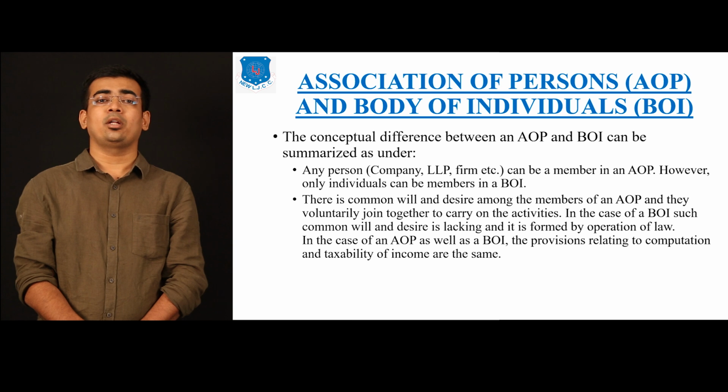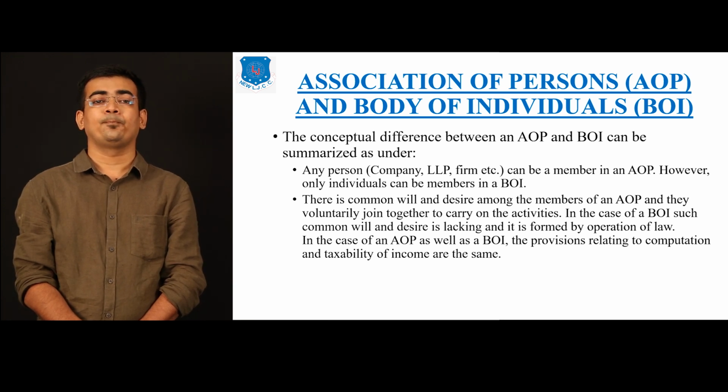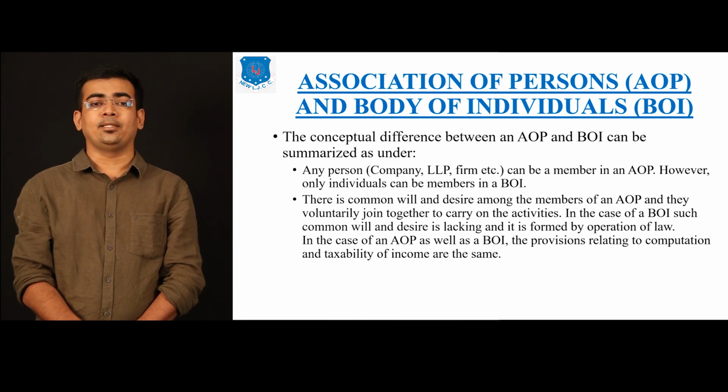Association of persons, or any body of individuals. The conceptual difference between an AOP and BOI can be summarized as under. Any person, that is company, LLP, that is limited liability partnership, firm, etc., can be a member in an AOP. However, only individuals can be members in a BOI.